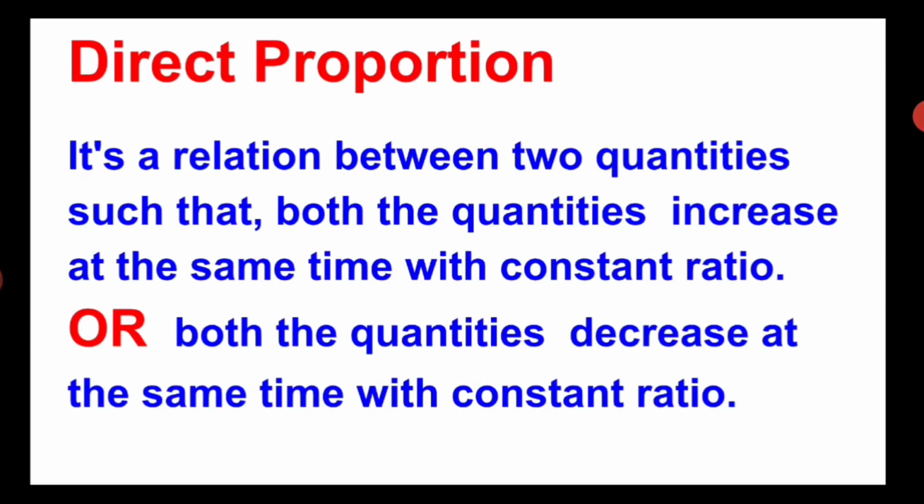Direct proportion is a relation between two quantities such that both quantities increase at the same time with a constant ratio, or both decrease at the same time with a constant ratio. There should be an increase in both quantities, or a decrease in both, and their ratio, their division, is equal, their ratio is constant.